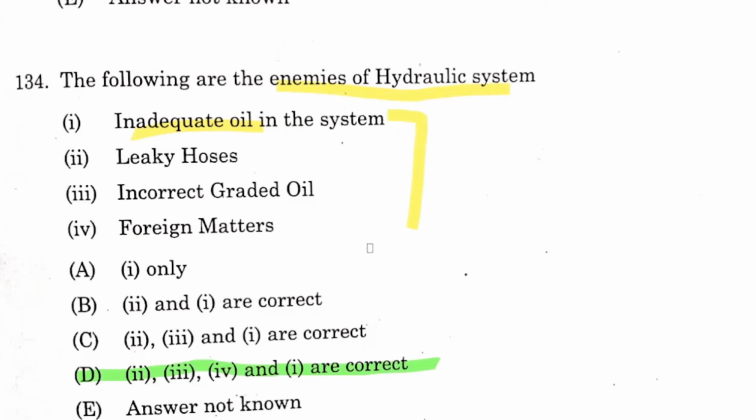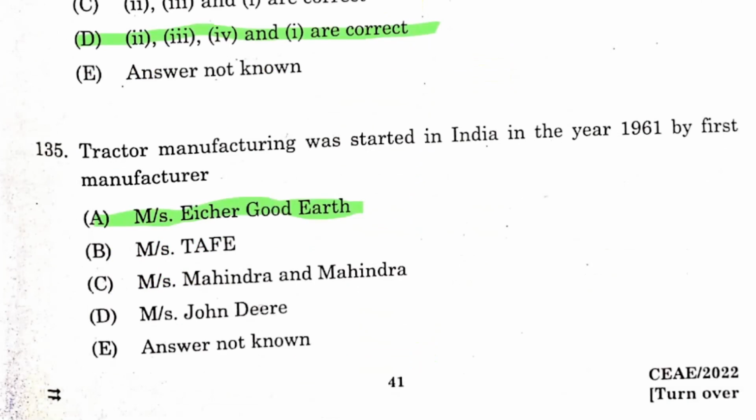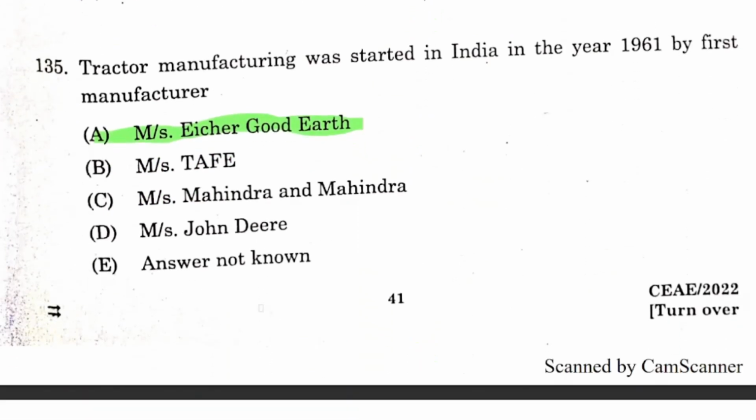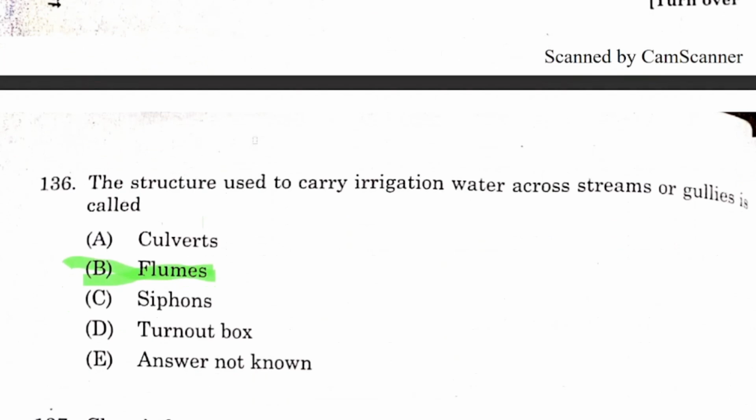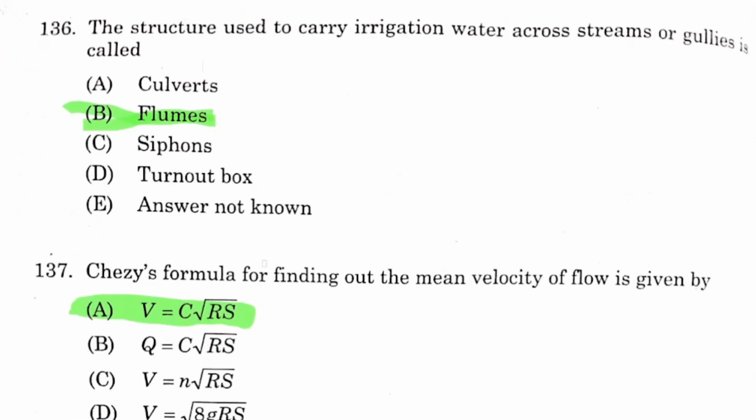That is hazardous for the hydraulic system. So option number D is correct here. Next one is tractor manufacturing was started in India in year 1961 by the first manufacturer, Messrs Eicher Good Earth. Next one is 136. The structure used to carry irrigation water across streams or gullies is called flumes.